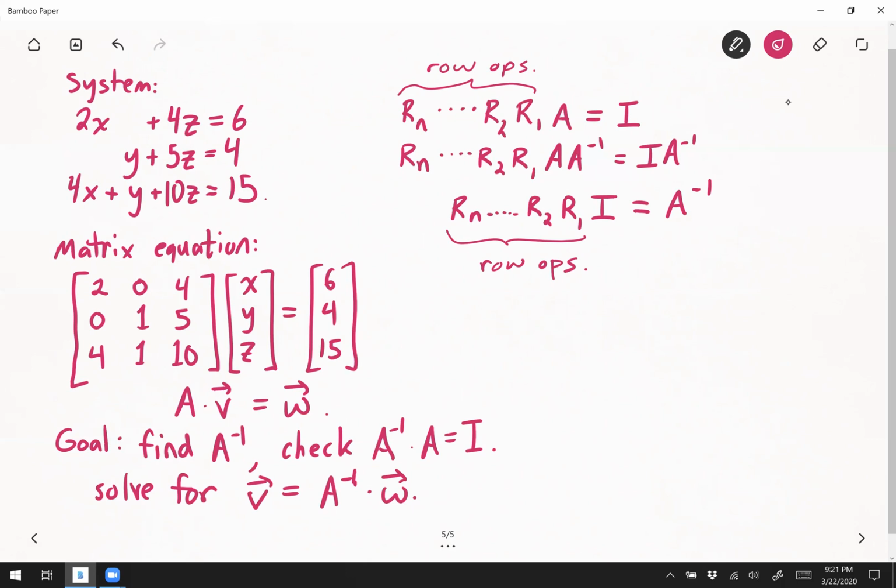So the procedure we're going to use to calculate A inverse, again, a procedure rather than a formula, is to perform row operations on the augmented matrix.